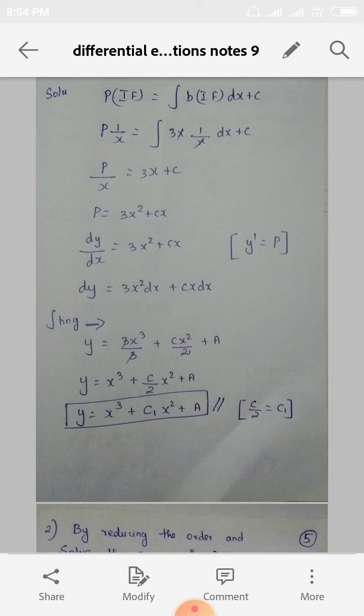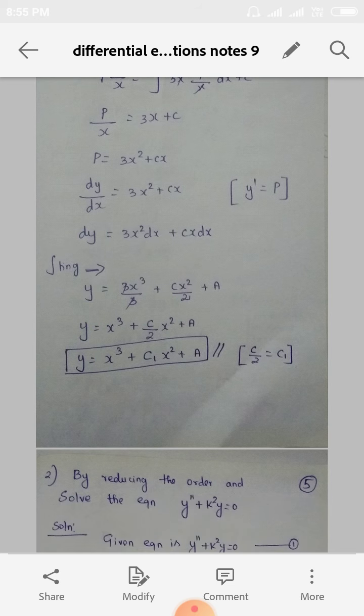Now we integrate. After integrating, we get y is equal to 3x cube by 3 plus cx square by 2 plus a. Here c is already a constant, so we introduce one more new constant, capital A. So that we get y is equal to x cube plus c by 2 x square plus A.